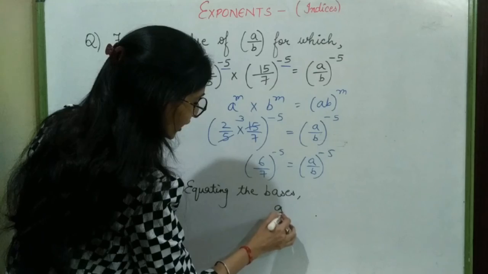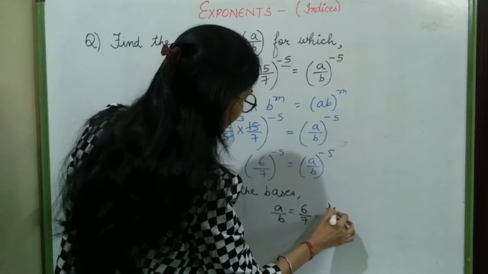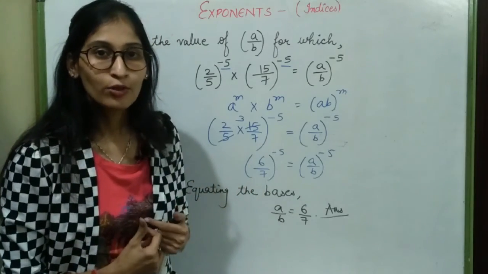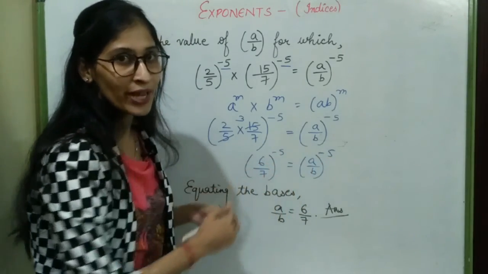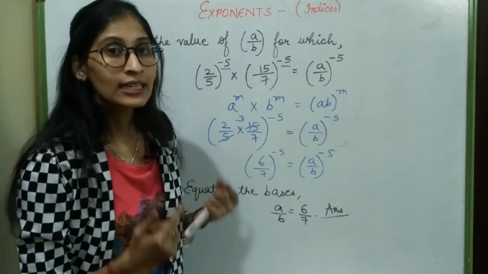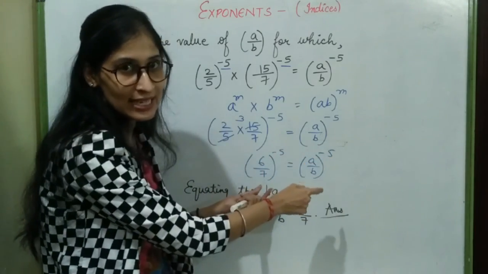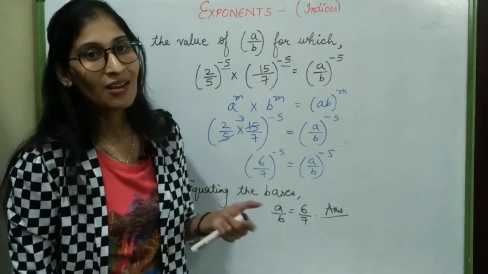So value of a upon b will be equals to 6 upon 7. So whenever I have to find the base and the powers are same, I can compare the bases, and if I have to find the exponent and the base is same, sign is of equals, I can compare the powers.